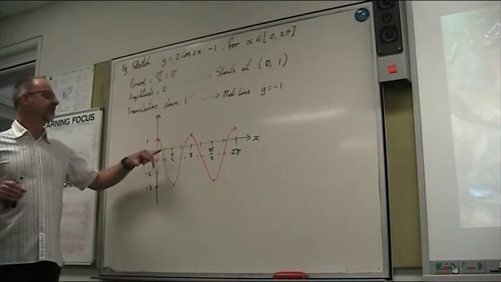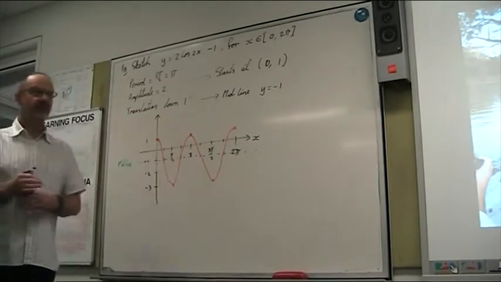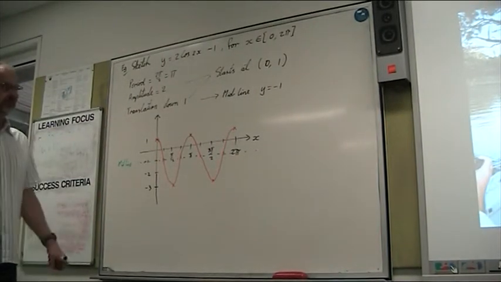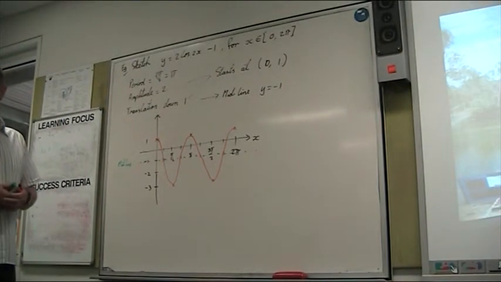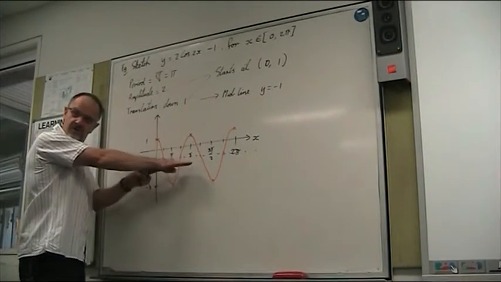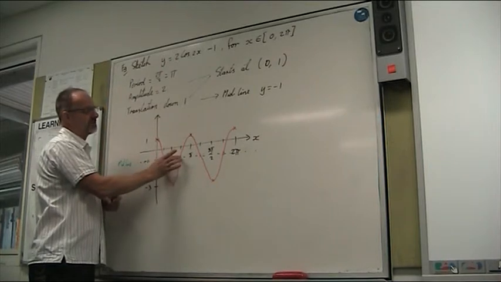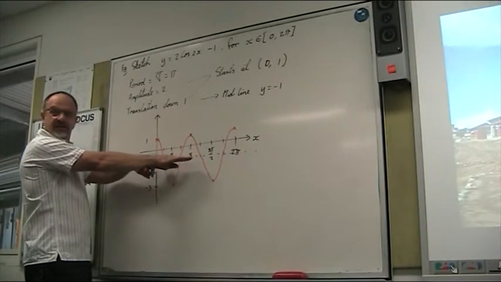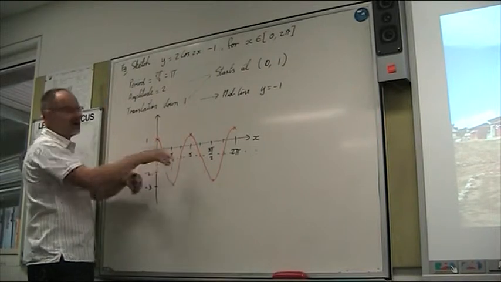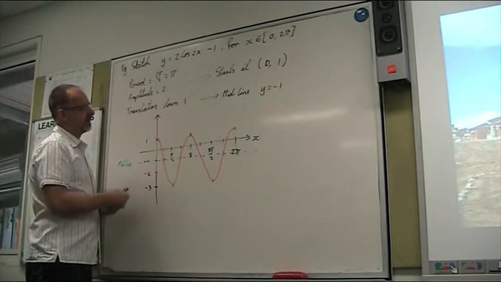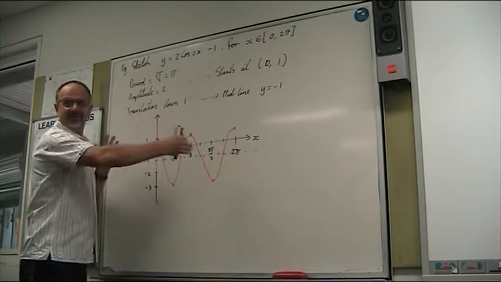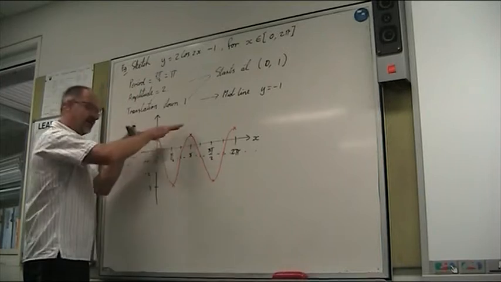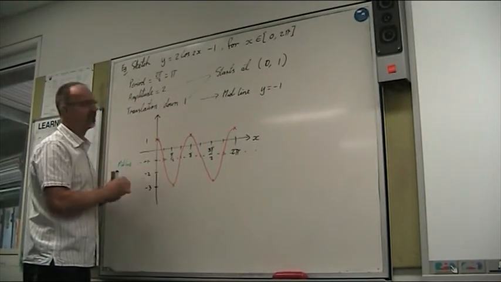If you are asked to find x-intercepts, you can find them. That solving of equations that we did, you would need to use that technique. No, because of the translation down. Yeah, but wouldn't it be halfway between? Not necessarily. It depends on the amplitude, the period and the translation as to whether it's halfway between or not.